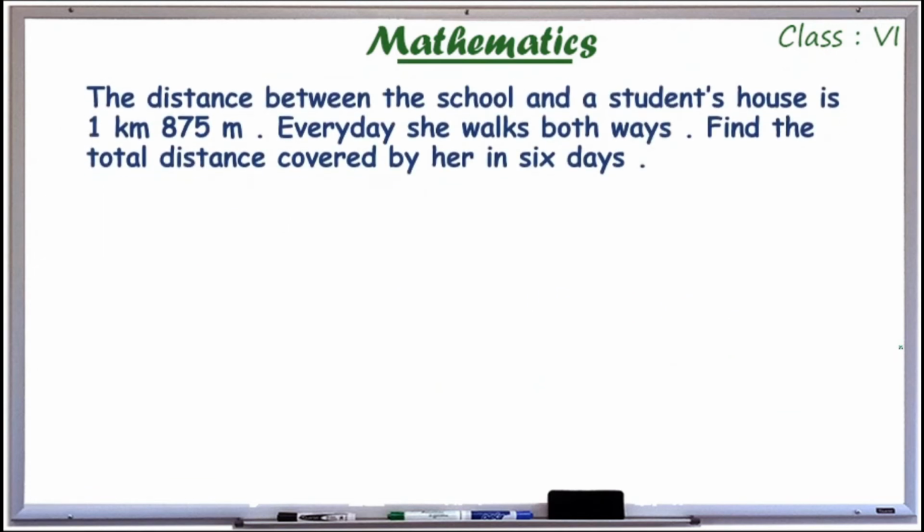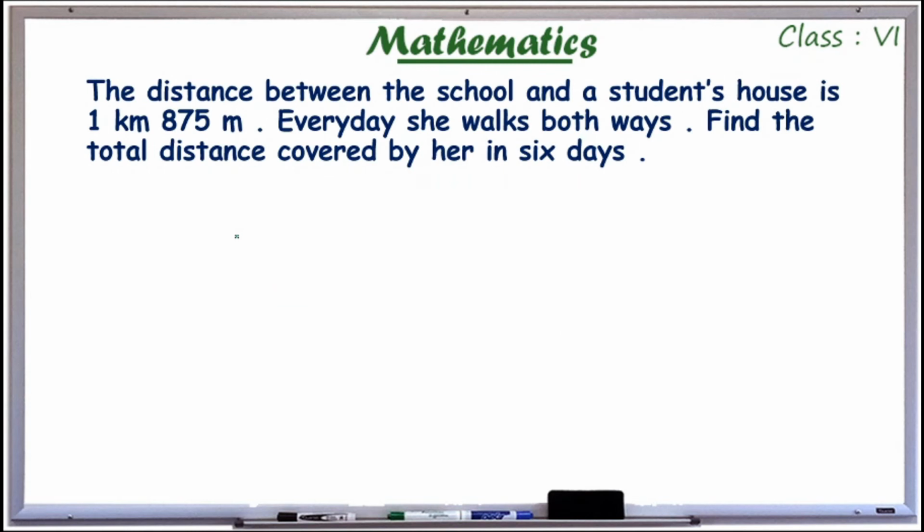So coming into the next question. Read this question. The distance between school and student's house is 1 kilometer 875 meter. So from home she has to walk to school.